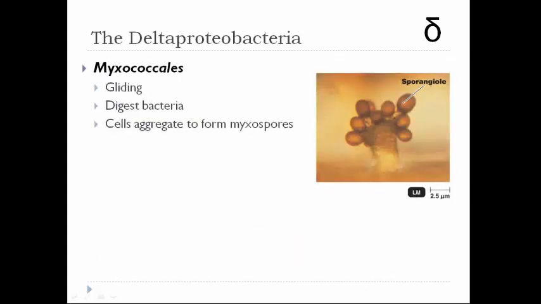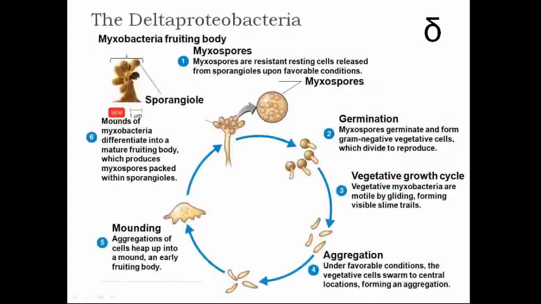Now, this organism, again, an environmental. What's cool about him is that he actually forms this structure. He looks very similar to a fungus. It digests bacteria. It can have a gliding motion. And so that makes him kind of interesting, that he is a prokaryote, but he is still similar to an eukaryote, a fungus. And his lifestyle is basically these spores germinate.